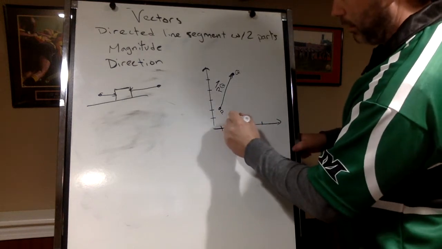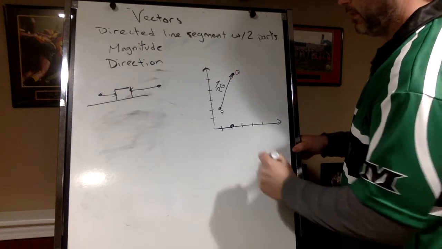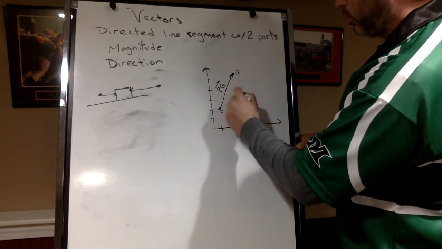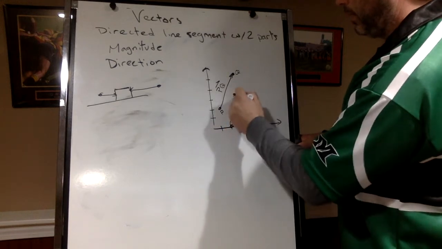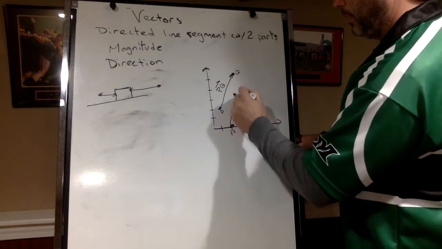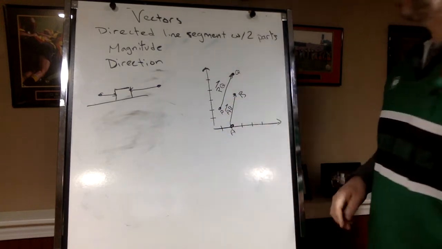Now, we can compare that to one over here that starts at 2, 0 and goes to 3, 3. And we'll call this AB. So this is vector AB. Okay?